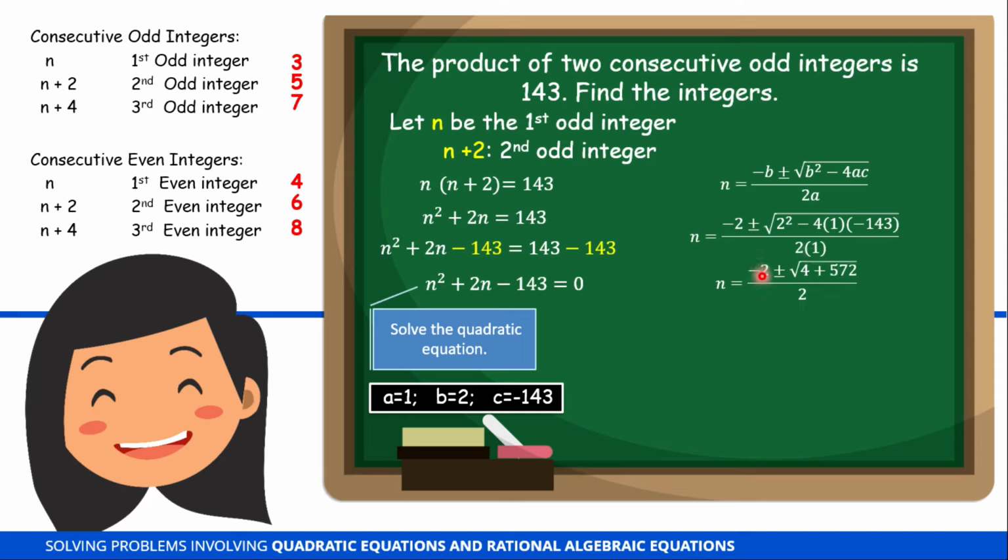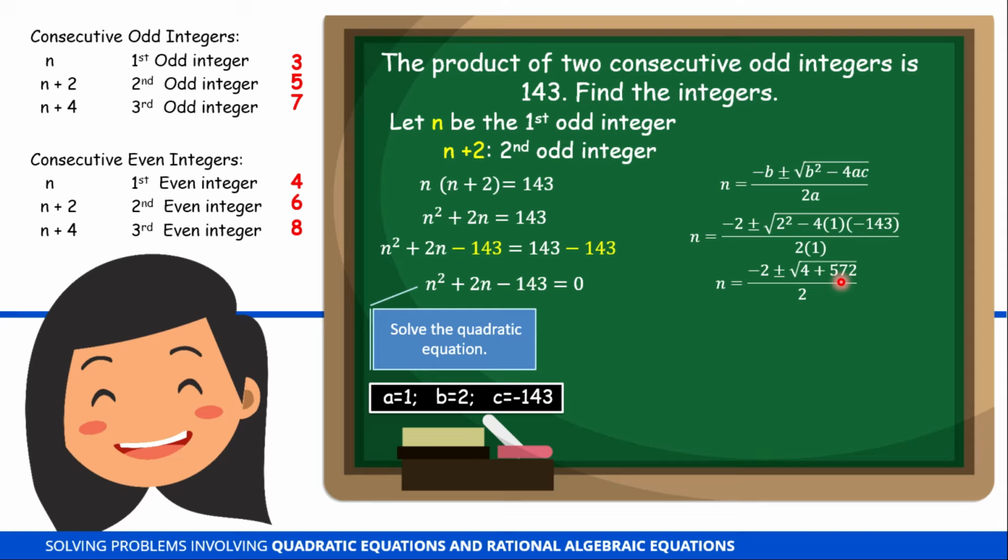Kopyahin lang natin ulit yung negative 2 sa labas. Plus or minus square root of 2 squared, that is 4. And then 4 times 1 times negative 143, that's negative 572, times the minus sign here, magkakaroon tayo ng positive 572. All over 2 times 1, we have 2.